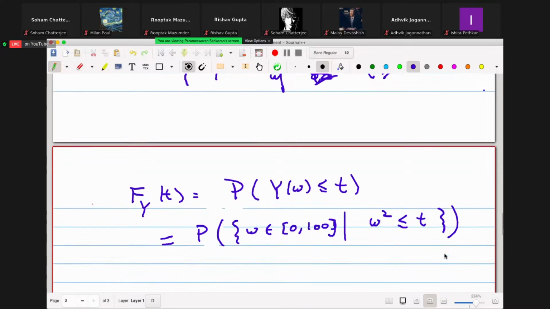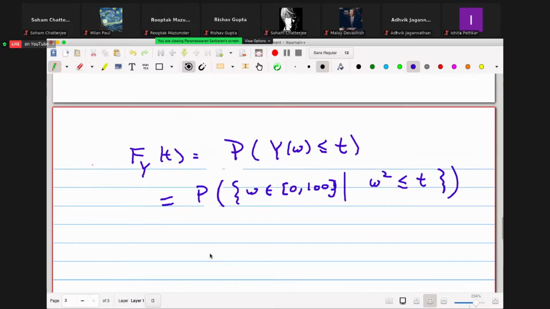Omega square less than or equal to t implies that omega is less than or equal to root of t, because omega is already non-negative. So 0 to root of t.